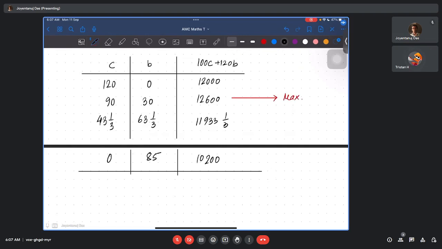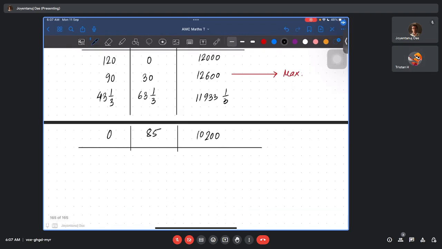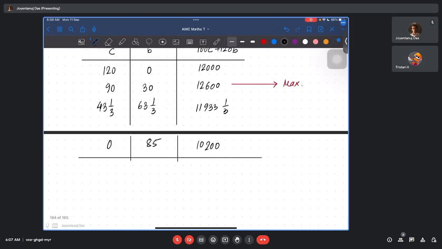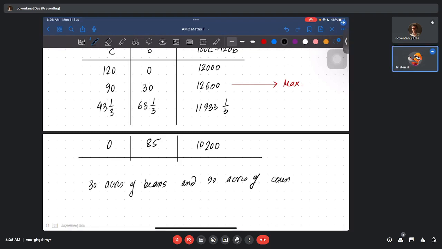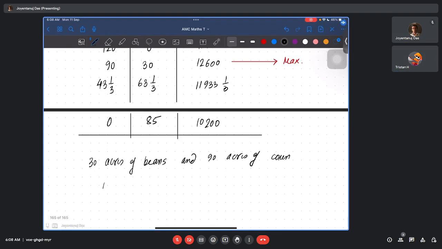So if I have 30 acres of beans and 90 acres of the other crop, corn, then the total revenue I get is the maximum possible revenue. So this is 12,600, right?